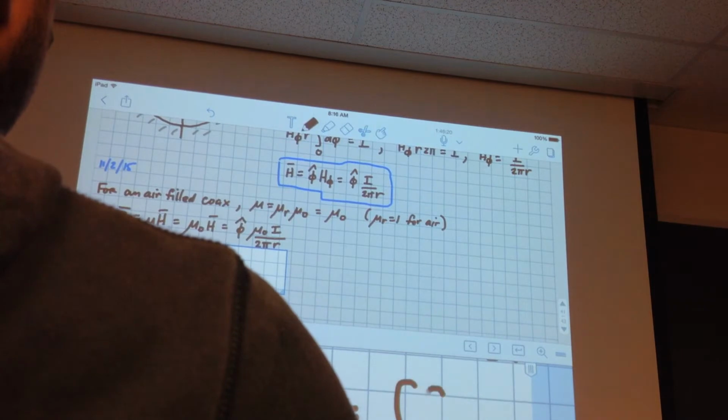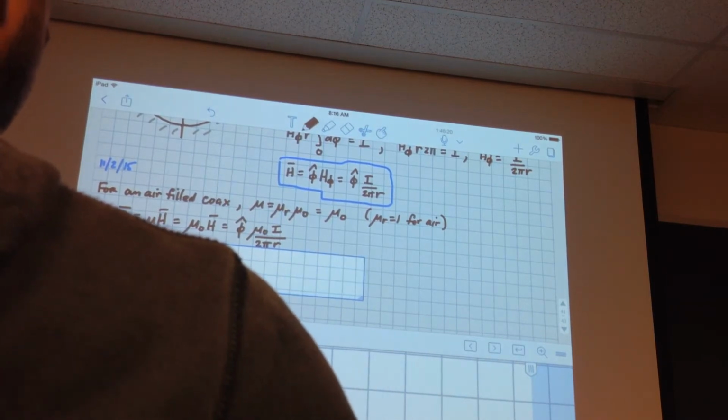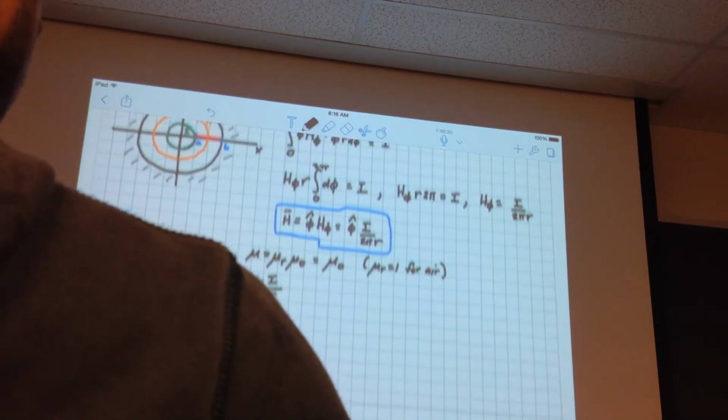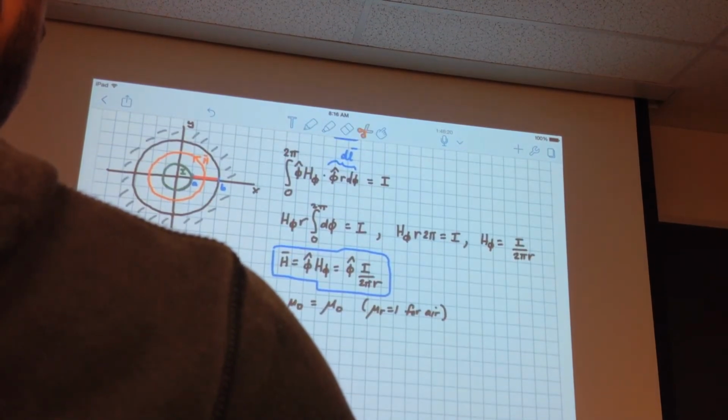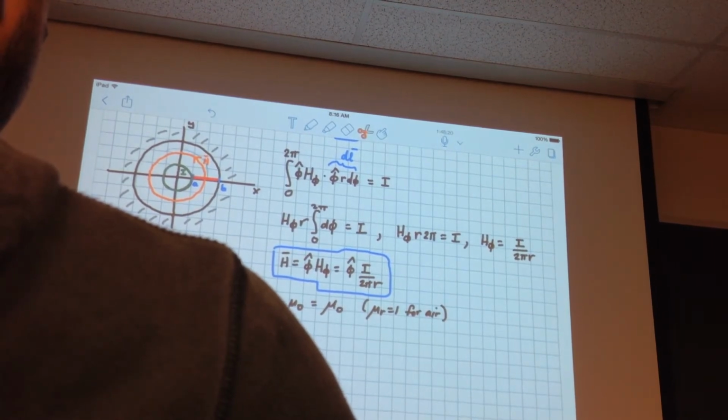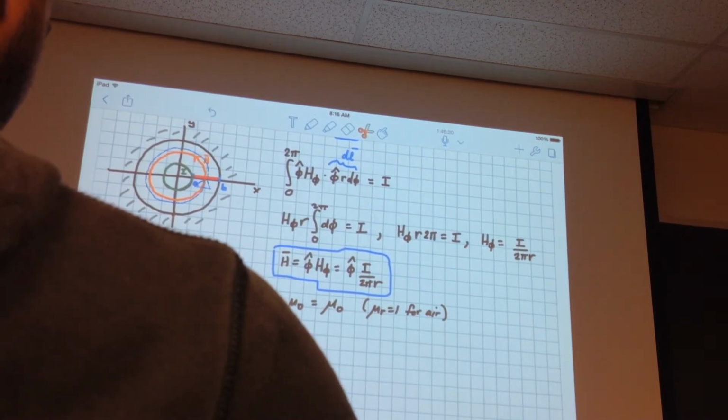So that's going to be a double integral, and B is phi hat mu naught I divided by 2 pi r. So here's your magnetic field, and it's fluxing into that surface represented by the red line.